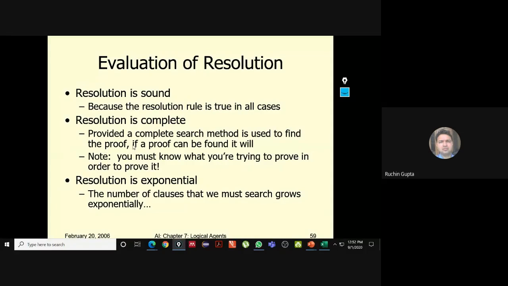So it provides a complete search method. Resolution is exponential. Sometimes the number of clauses we search while solving a question using resolution grows exponentially. So these are the characteristics of the resolution algorithm.